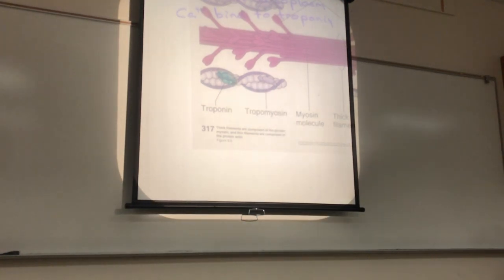So as the calcium ions in the cell increase and bind to the troponin, it flops over and drags the tropomyosin out of the groove.